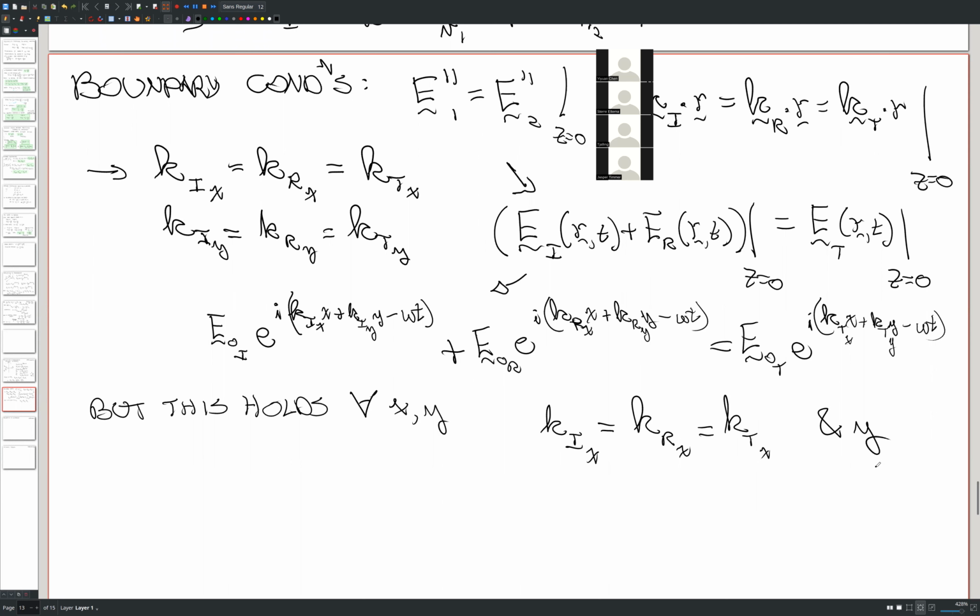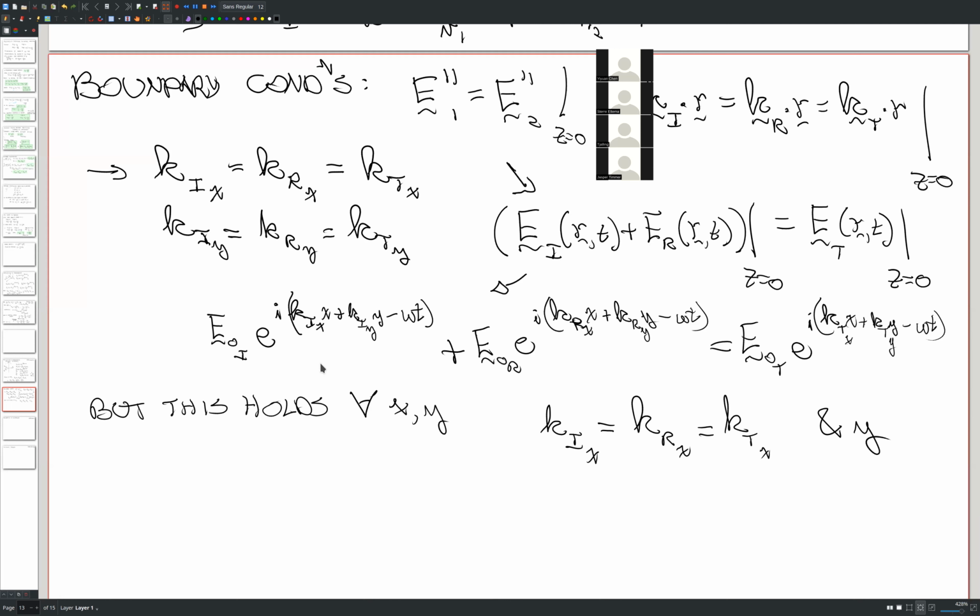Is that abundantly clear? The reasoning is complete set of independent functions, or in this case, specific functions here. However, the boundary condition is valid for all positions on the boundary.